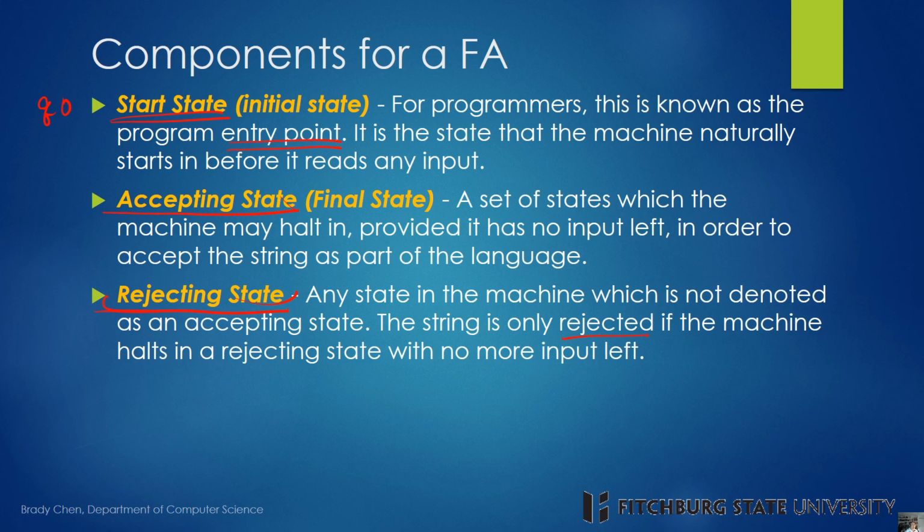So we reach the end of the input, but we actually eventually landed in the rejecting state. So we rejected that input. Okay. So this is basically what the finite automata does. It accepts the input and, based on the rules, decides whether this input is accepted or rejected.